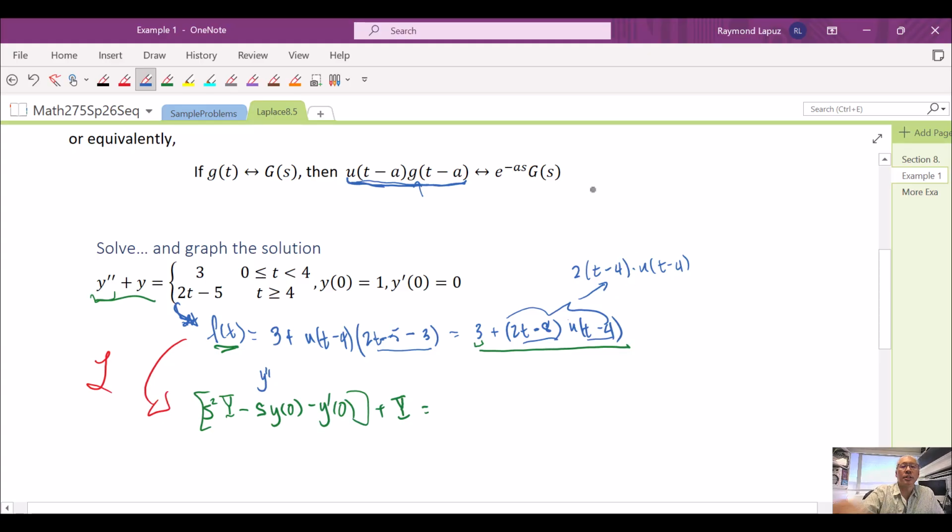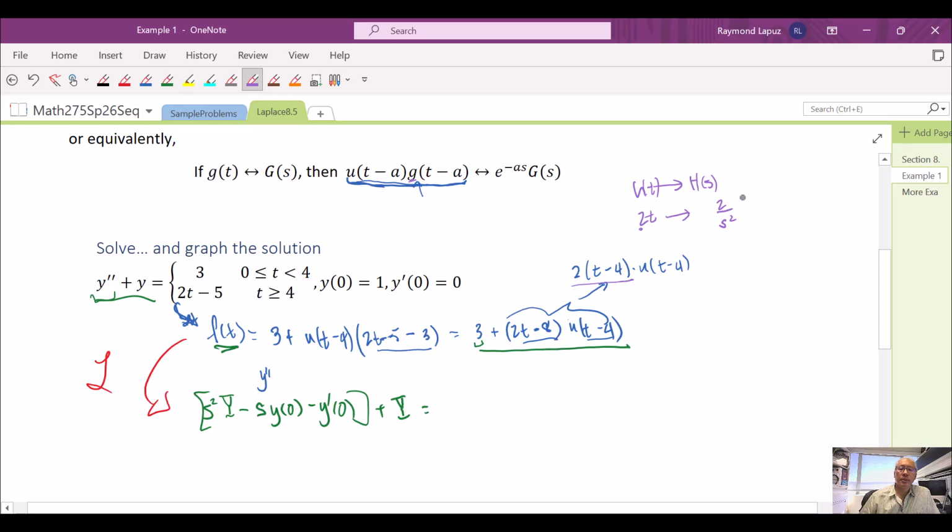This is going to be important for us because what we're going to need is a transformation of 2t. So we're assuming that g is equal to 2t. If this is some function h of t, then the capital H of s in the Laplace world is going to be the transform of t, which is 1 over s squared, but then we're multiplying it by 2, so that's 2 over s squared.